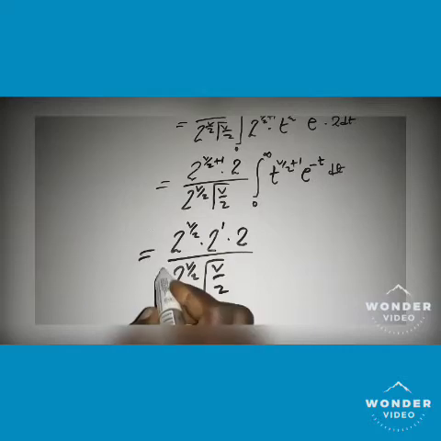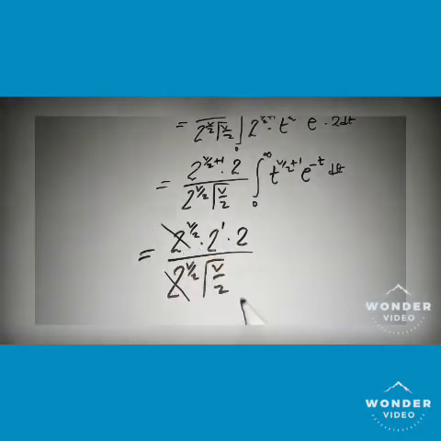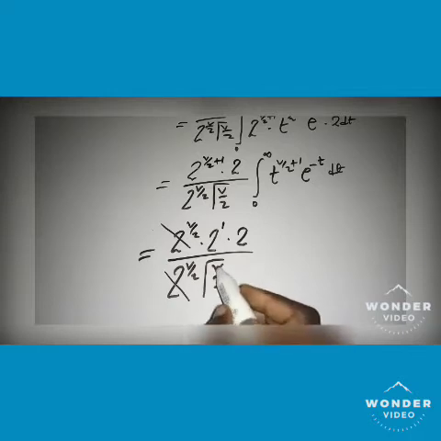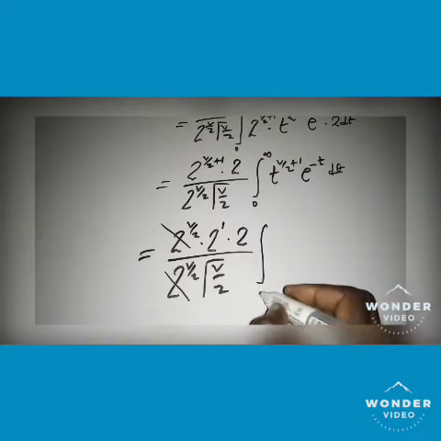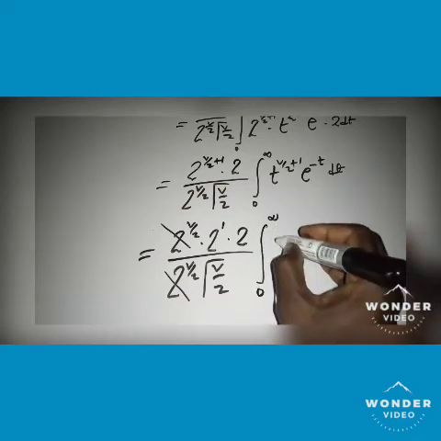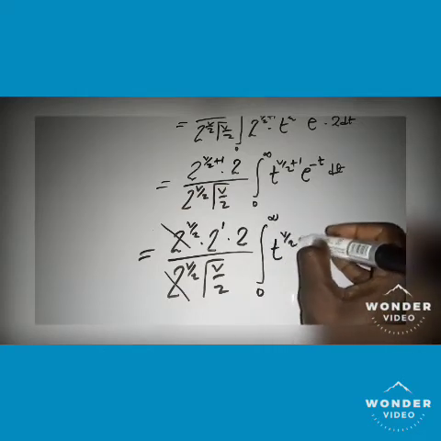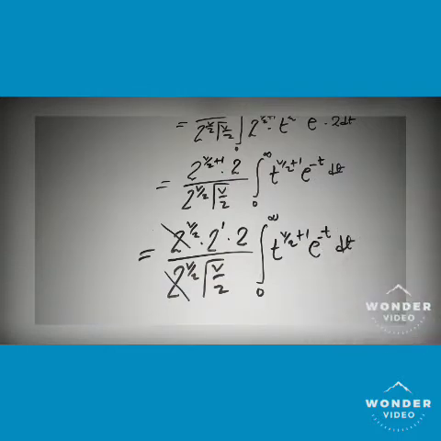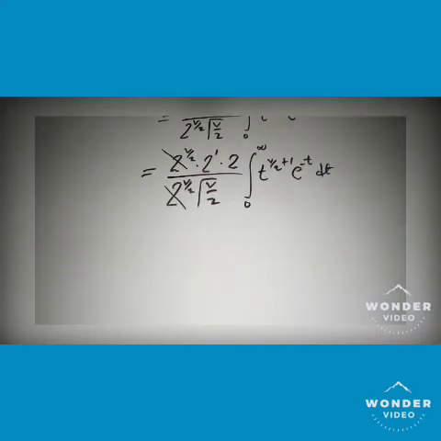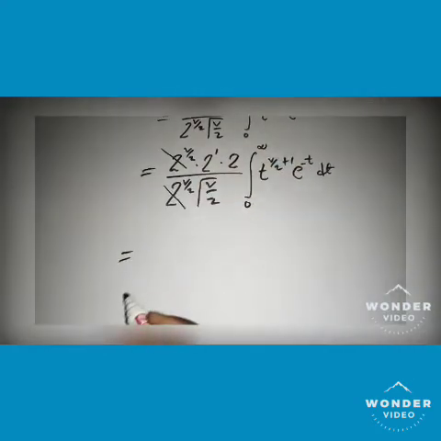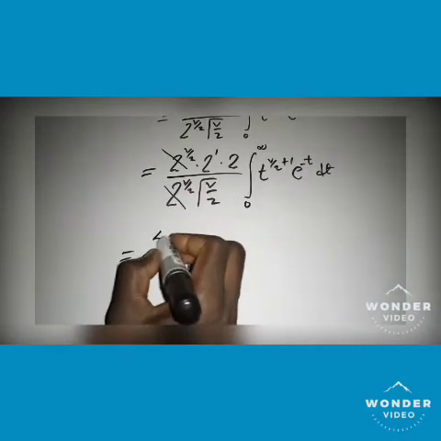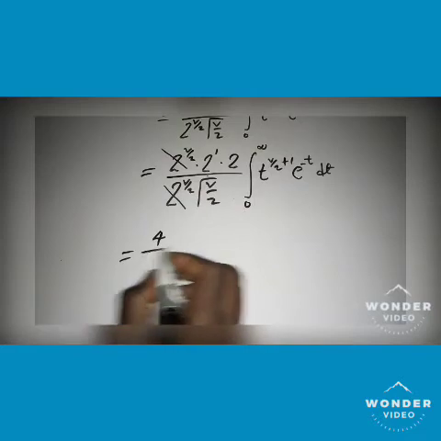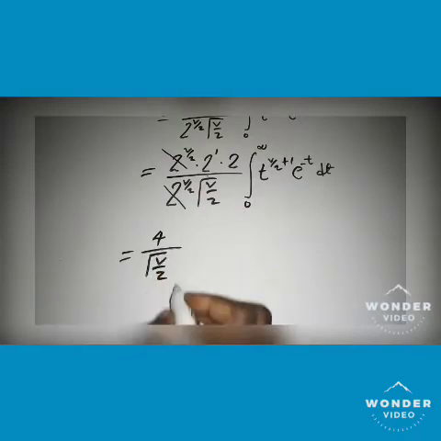So it is clear that this will cancel this, leaving us with 2 times 2 over gamma of v over 2. So we have the integral from 0 to infinity of t to the power of v over 2 plus 1, e to the power of negative t dt. So clearly this result will now change to 4, that is 2 times 2, over gamma of v over 2.